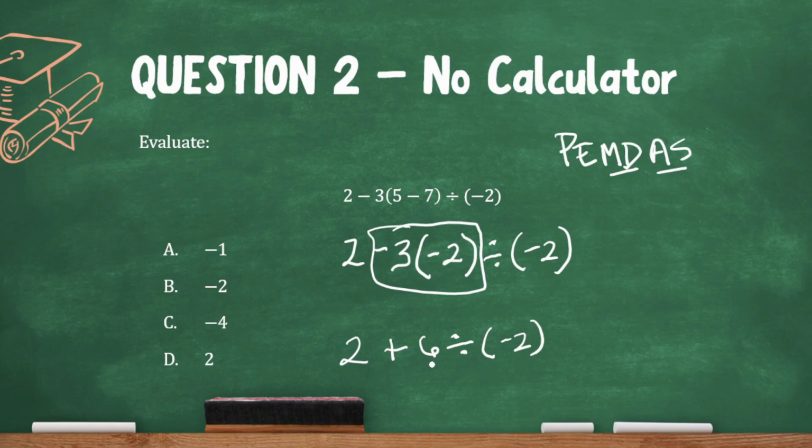Now I'll go ahead and divide that. 6 divided by negative 2 is negative 3. And I'll carry down this 2. So now I've got 2 minus 3 as my last step, and that is negative 1.